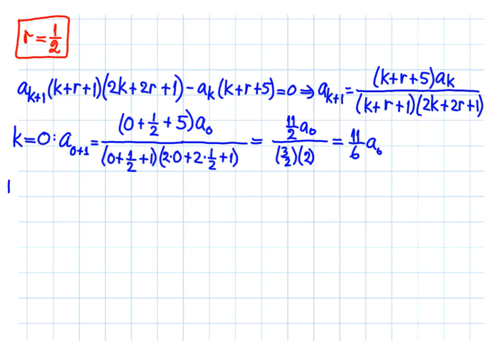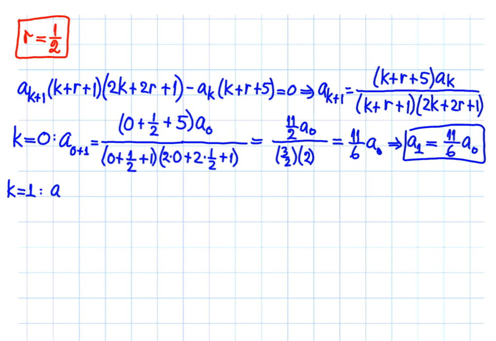Now choose k equal to 1. So a of k is 1 plus 1. By the way, let's just say a1 is equal to 11 over 6 a naught.